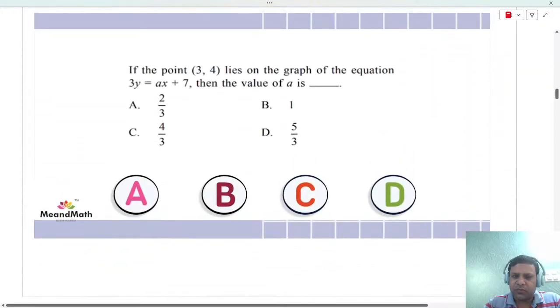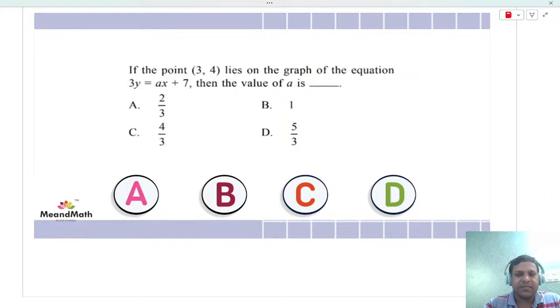Now question number 2: the point 3 comma 4 lies on the graph of the equation 3y is equal to 3a plus 7, and the value of a is. That's a very easy question. Any point which lies on the graph of the equation means it is a solution of the graph.